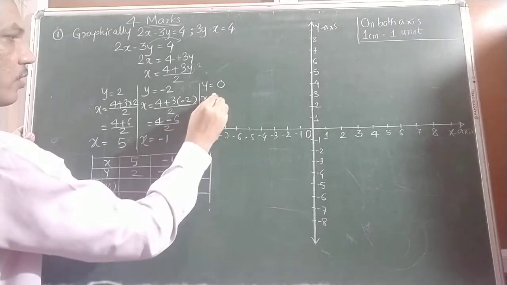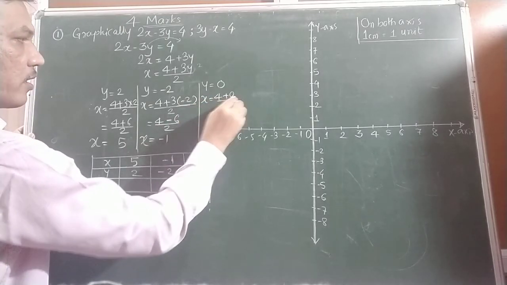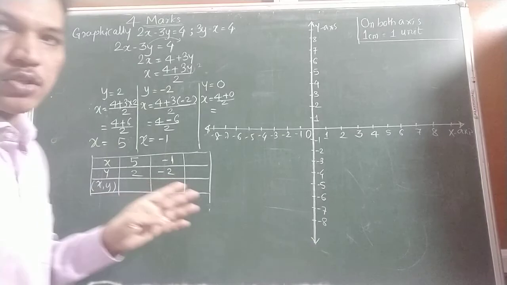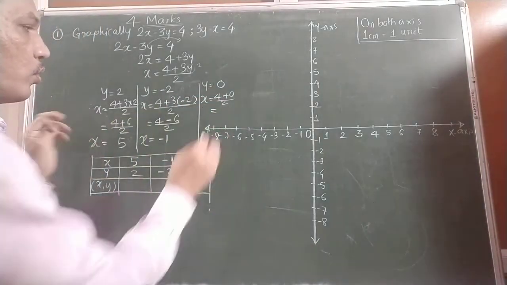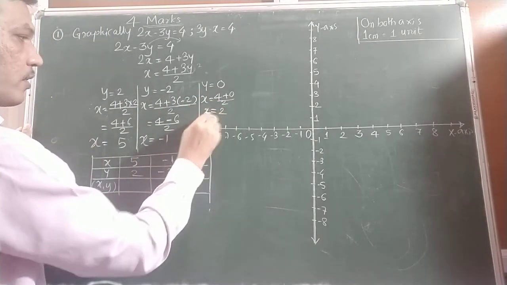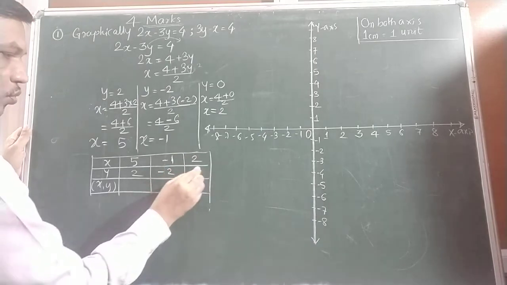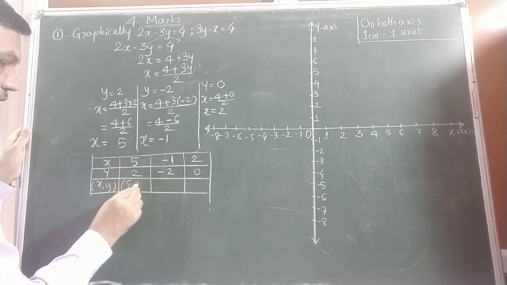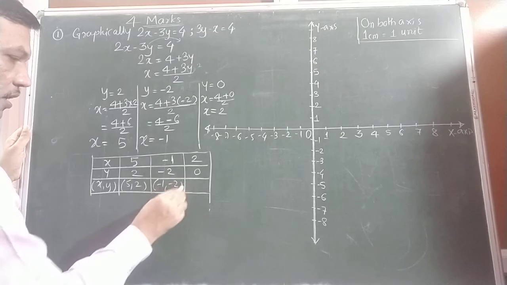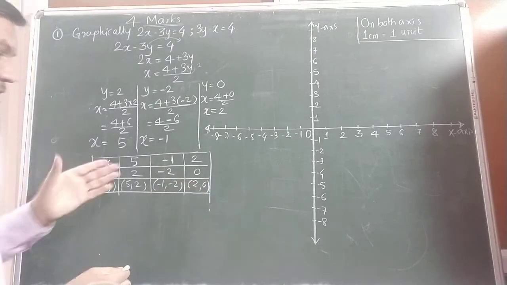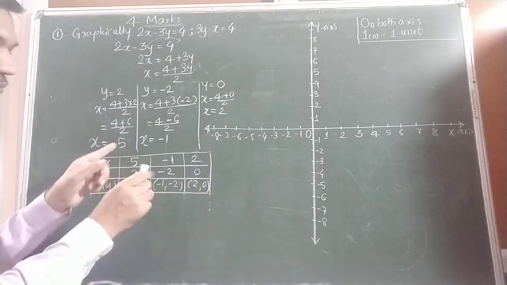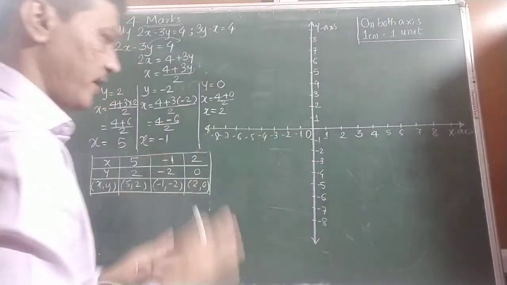So x is equal to (4 plus 0) divided by 2. 4 plus 0 is 4 only, and 4 divided by 2 is 2 only. So x is equal to 2, y is 0. So my first equation is completed. This is my first chart. From the first chart I can draw one line.